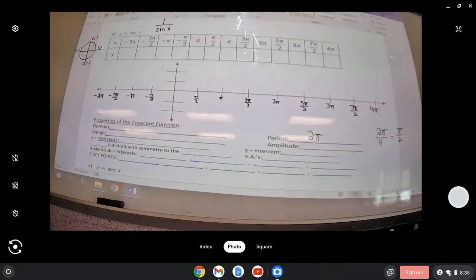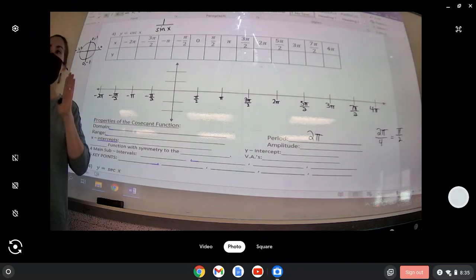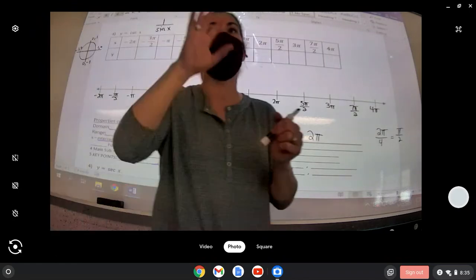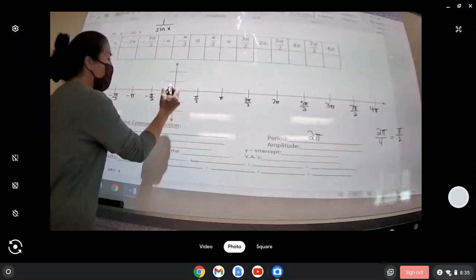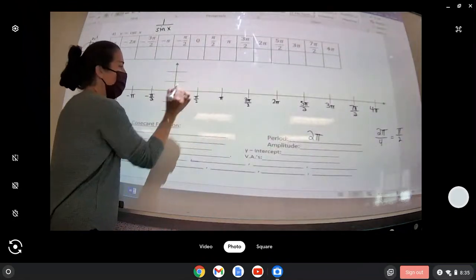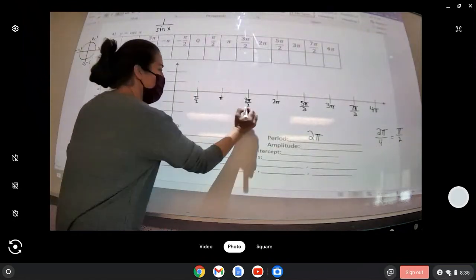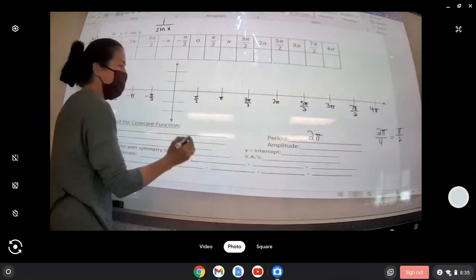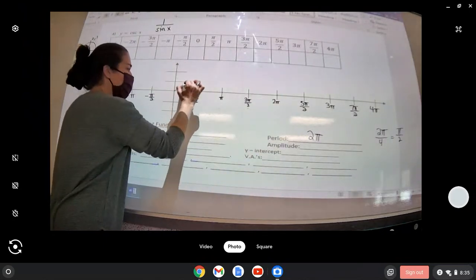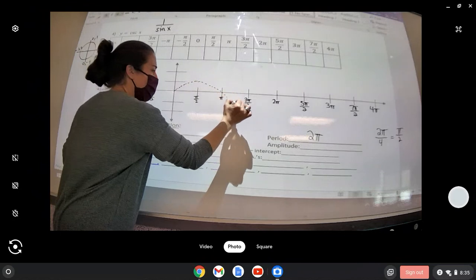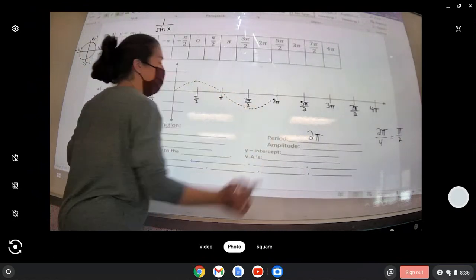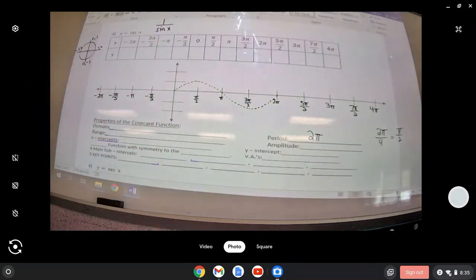Okay, so guys, can everybody picture the sine wave? I hope you can picture the sine wave in your head. The sine wave started at 0, then it went to 1, then it went to 0, then it went to negative 1, and then it went to 0 again. That was one sine wave. And then we can continue.